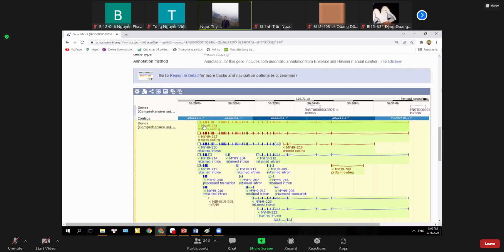So we can see that all the exons in the middle code for protein, but the part at the beginning here is not coding for protein, and the part at the end of the gene here is not coding for protein. Because this is the 5' UTR of the gene, and this is the 3' UTR of the gene.